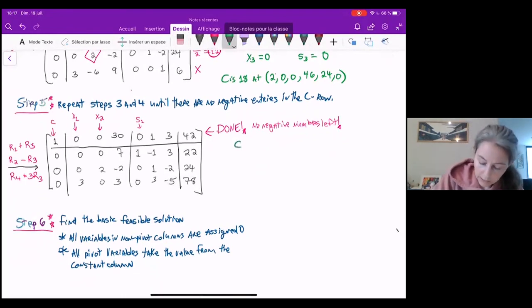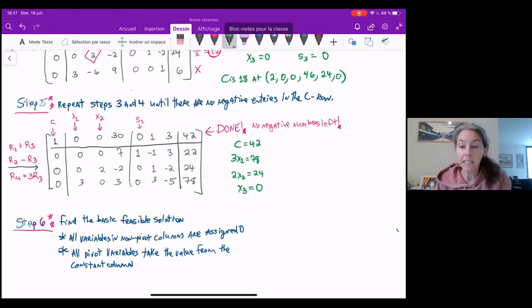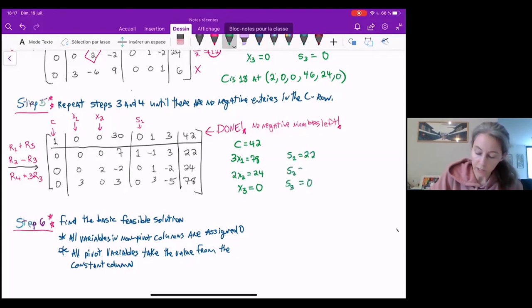So here, this is saying C is equal to 42, 3x1 is equal to 78, 2x2 is equal to 24, x3 is 0 because it doesn't have a pivot, S1 is equal to 22, it did have a pivot, and S2 and S3 are both equal to 0 because they are not in pivot columns.